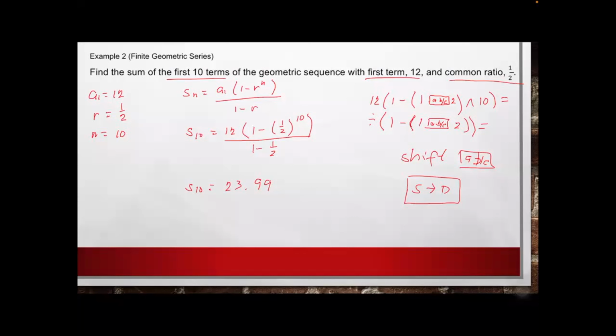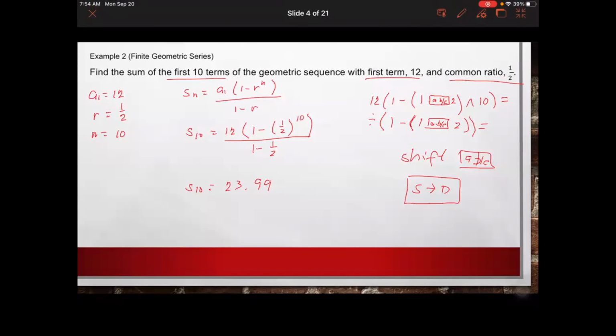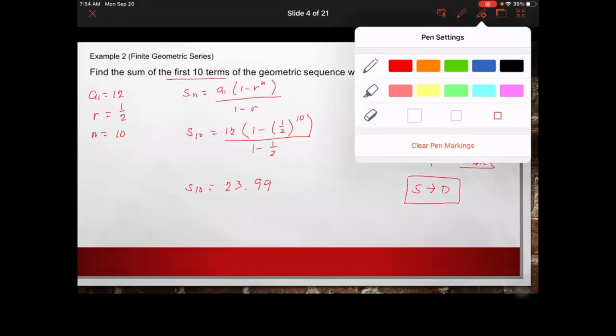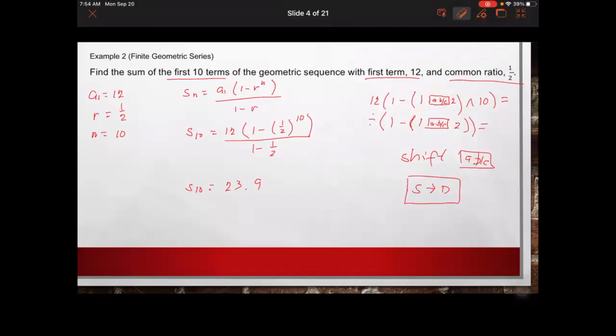Pero sabi ni calculator ko, it's 0.98 lang. So, you're gonna have 23.98. So, pag sa fraction, 3,069 over 128 is sub 10.